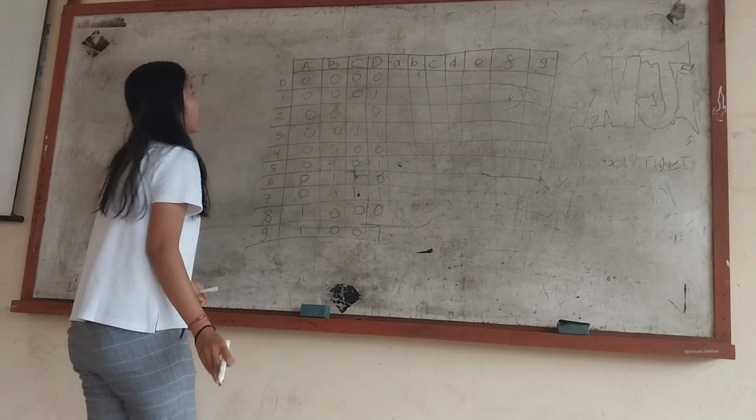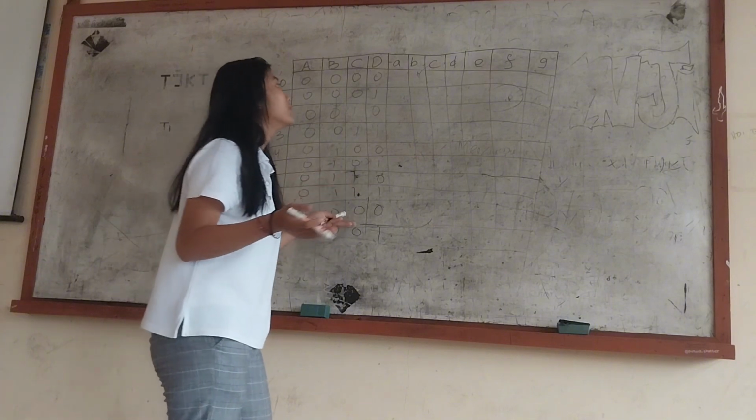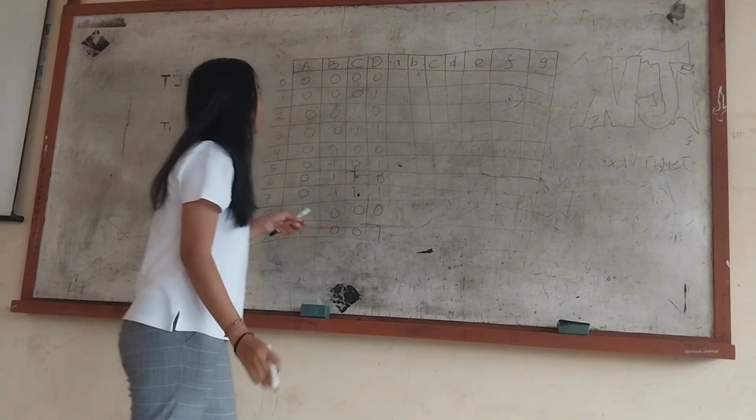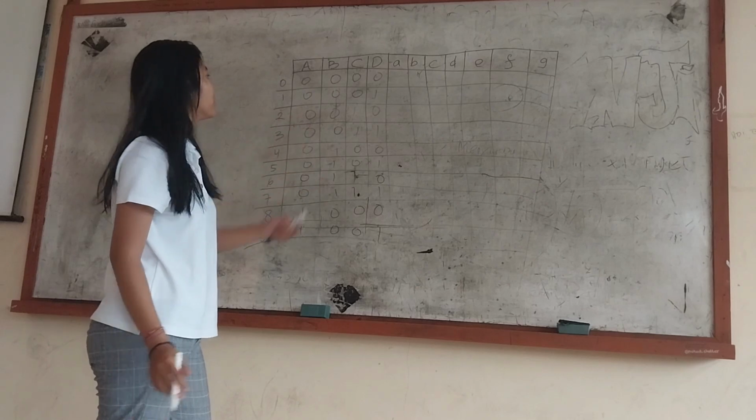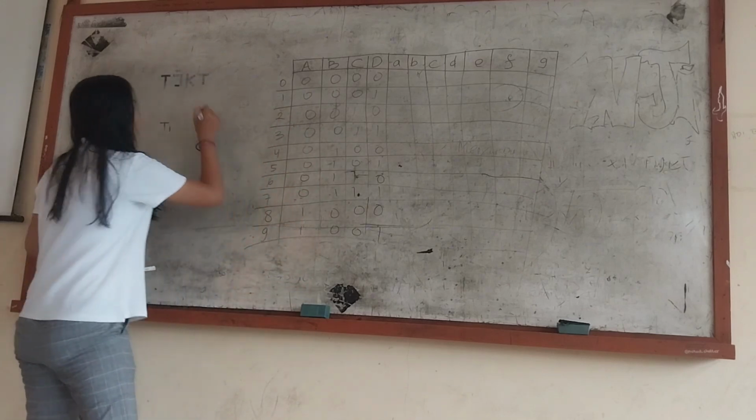So, how do we make the output? How do we know the value of this output? We can make the output with the illustration of the BCD to 7-segment like this.